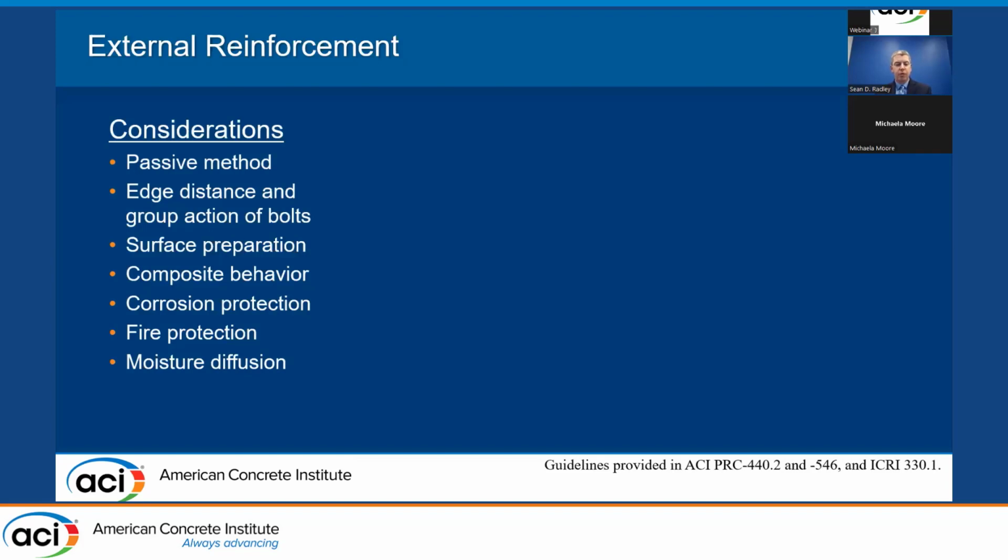Since we now have exposed elements, in the case of steel, if that material is selected, corrosion protection should be considered. In either case, whether it's steel or FRP, fire protection may also be a consideration that needs to be included. Moisture diffusion: it may be more beneficial to utilize intermittent strips of supplemental members rather than enveloping the entire member in a large plate or U-shaped plate, just to allow any trapped moisture or future moisture to have a way of getting out.